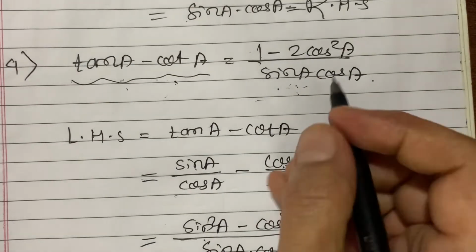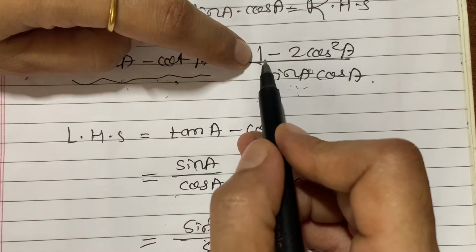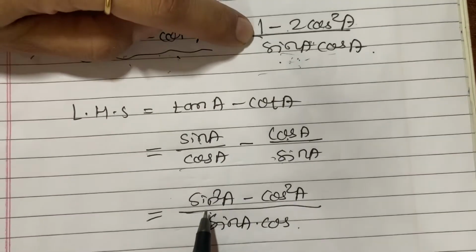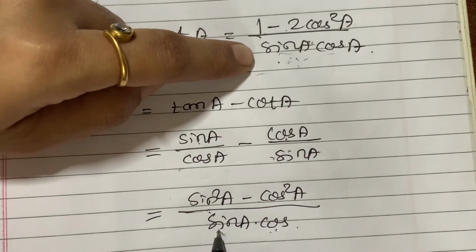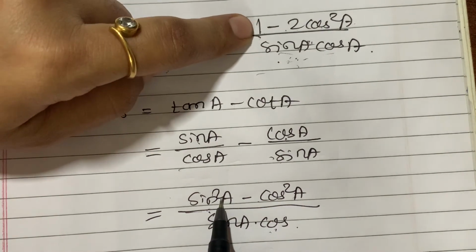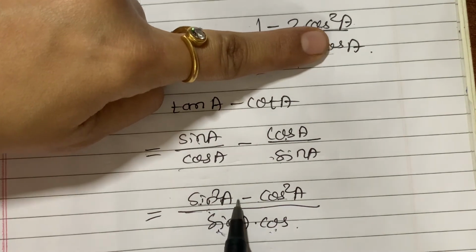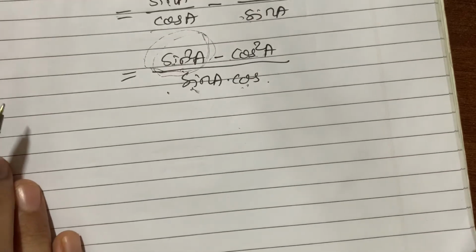Now look here. In RHS I want 1 minus 2 cos square A upon sin A into cos A. Just now I got sin square A minus cos square A upon sin A into cos A. This denominator I got, but in the numerator there is only a cos term, no sin term. So I have to remove this sin term. How can I remove this sin square A?